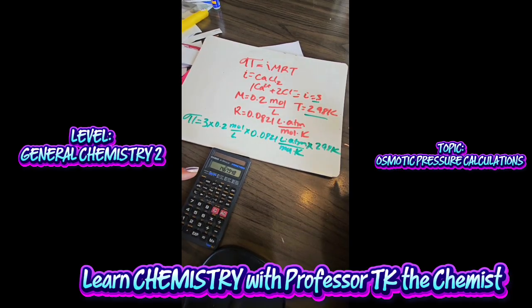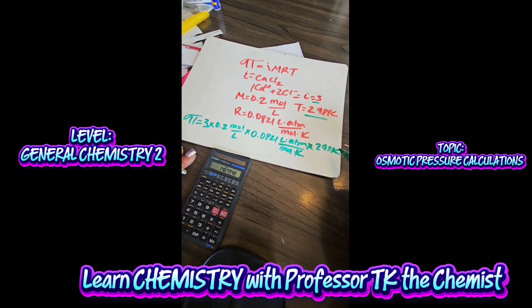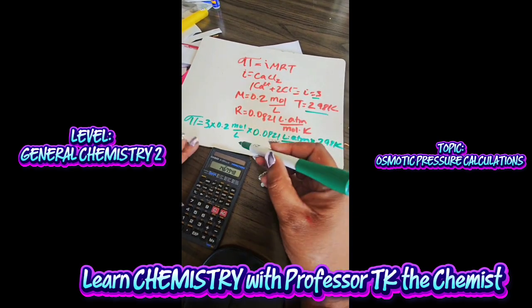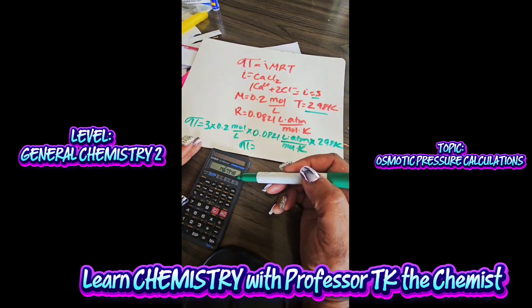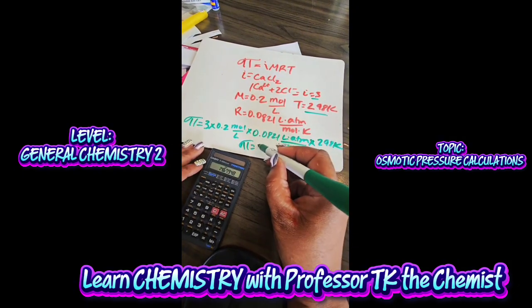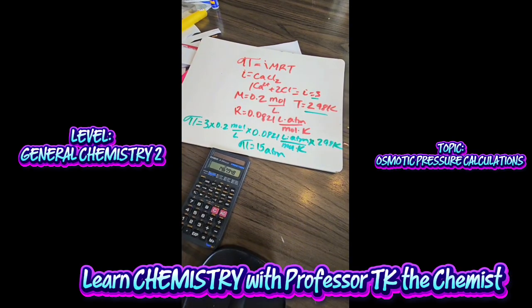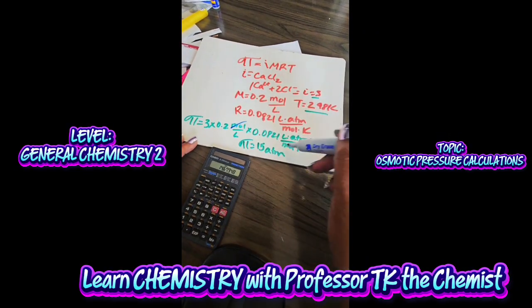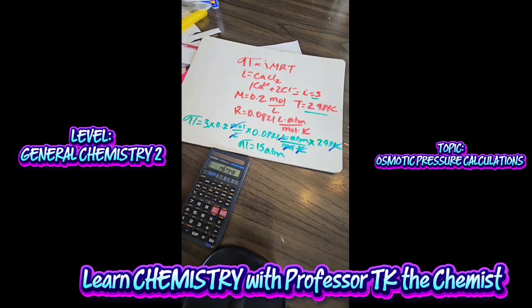And we get 14.67, but we're going to use 2 significant digits right here. So our answer, instead of saying 14.67, we only need 2 of those. So our answer here is 15 ATM. And I forgot to slash out our units, but by now you guys should know how to get rid of those. Get rid of your moles, liters, Kelvin. What's left over is ATM.